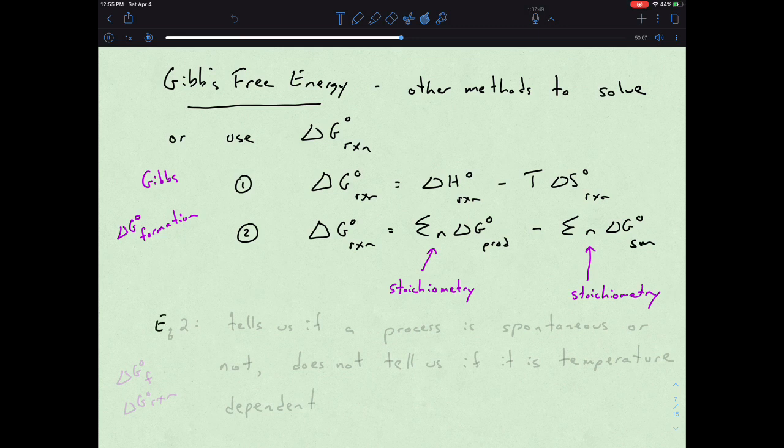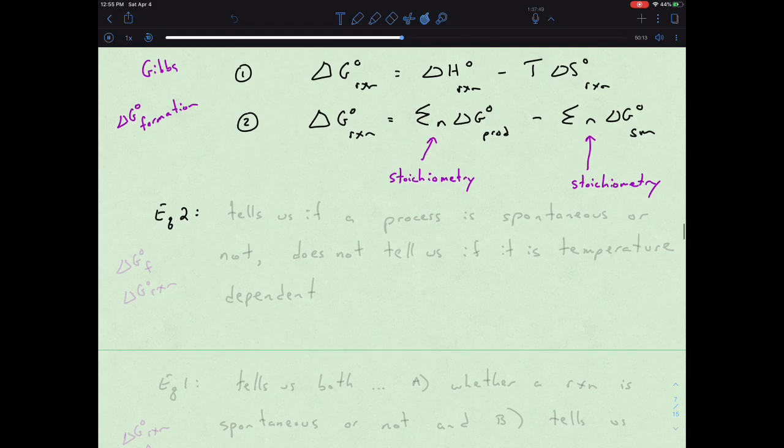So, equation 2, right, just basically tells us if a process is spontaneous or not.